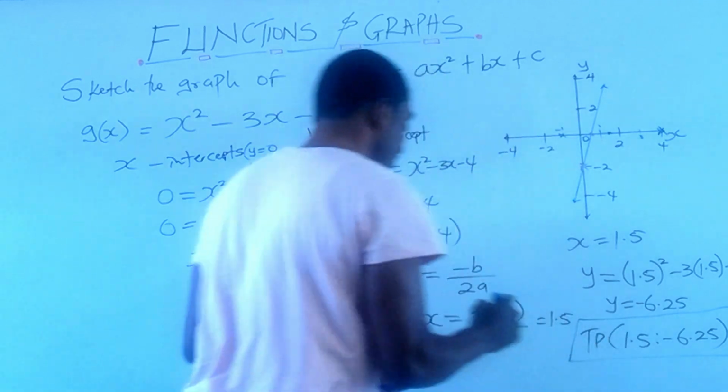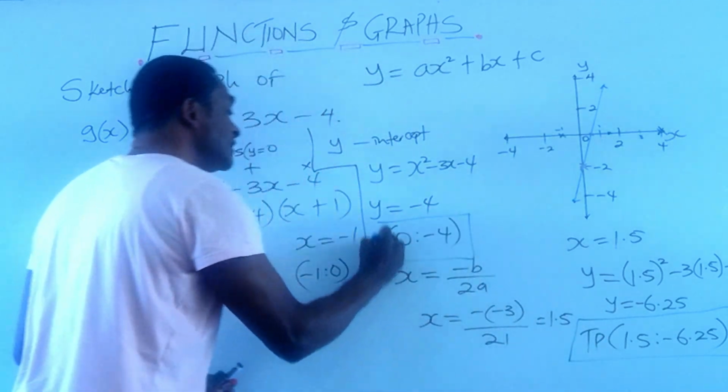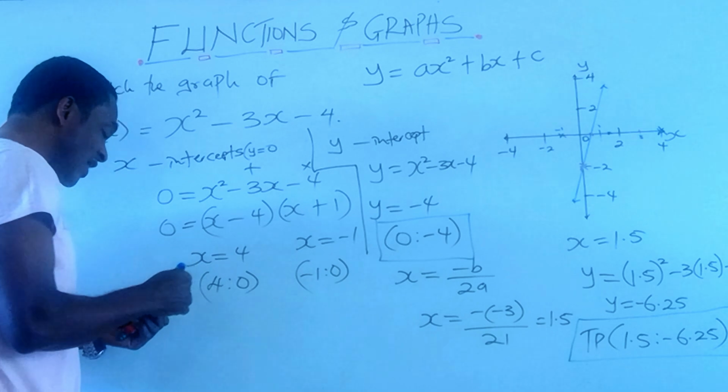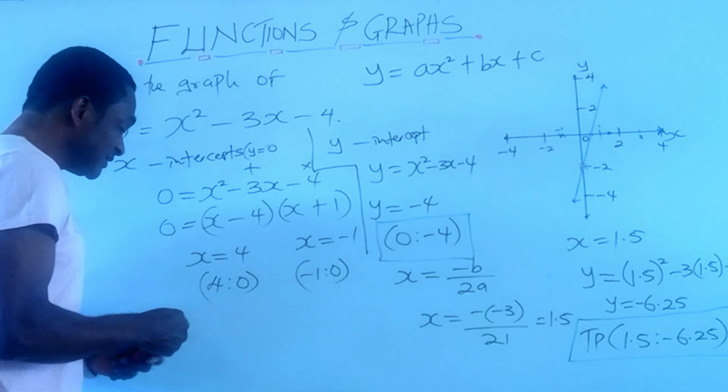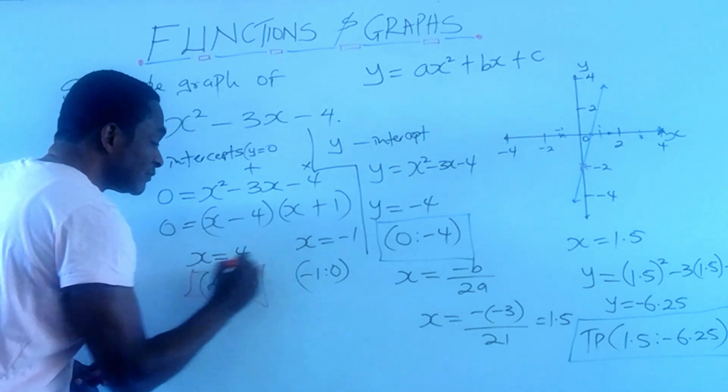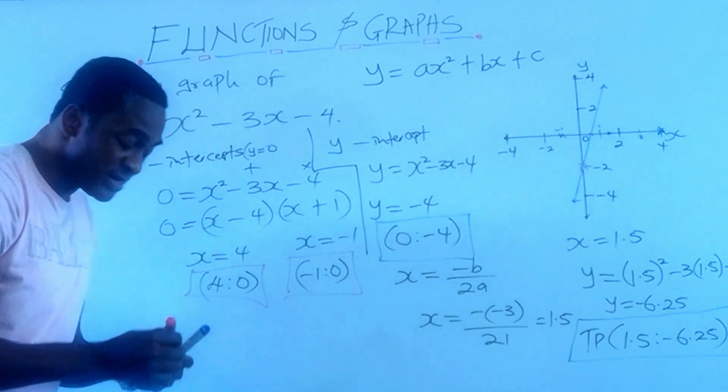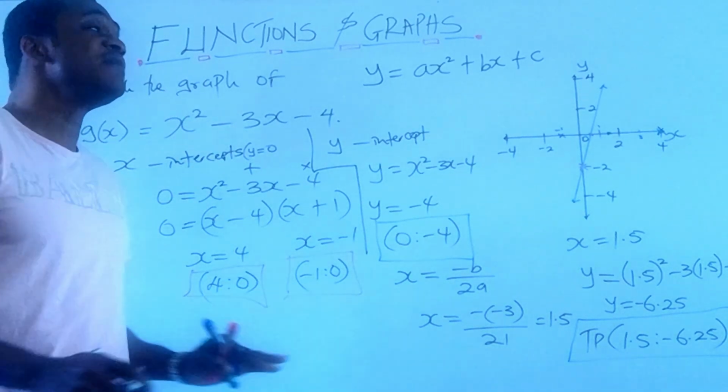So we have our y-intercept, and we have our 2 x-intercepts. And with these points, we can easily sketch any parabolic function.